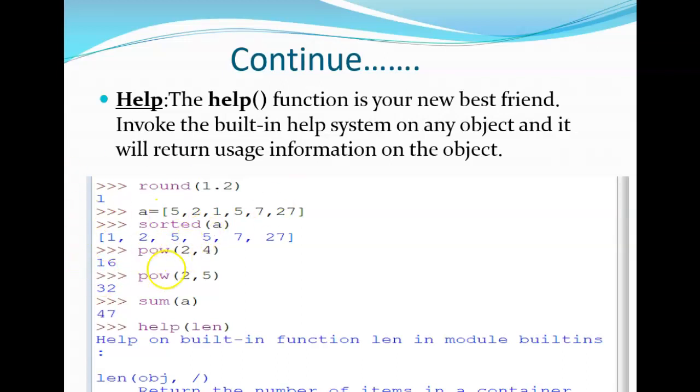Power, like 2 to the power of 4, 2 to the power of 5, and sum of an entire list. Then help: if you don't know how to use a function or its real meaning, you can use help. The help function is your new best friend. You can just use it.